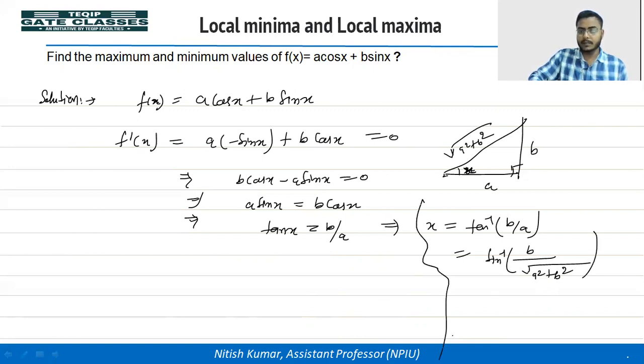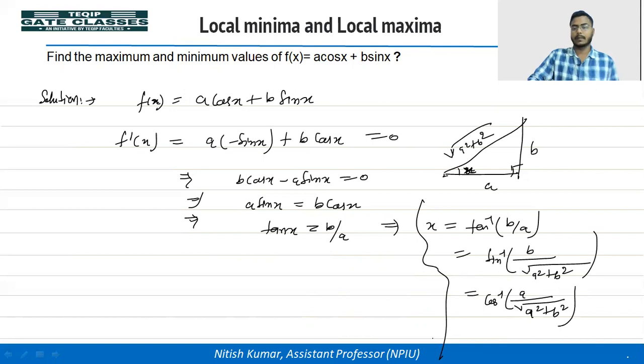We can also write in terms of cos inverse: cos inverse a divided by root under a square plus b square. If we got this value, now we can calculate the functional value at x equal to tan inverse b by a.